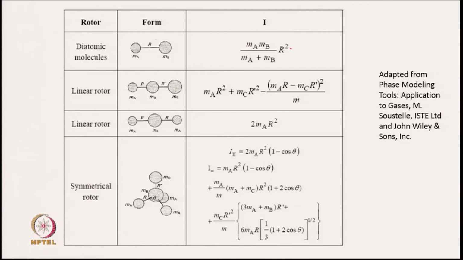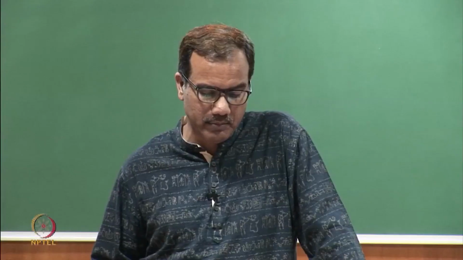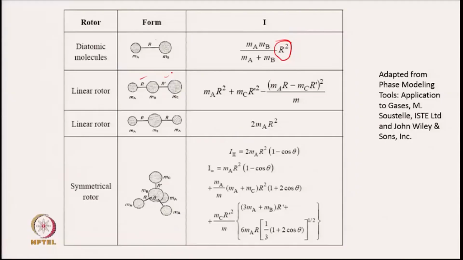For a diatomic molecule, you can see this is only a function of R, but for a linear molecule which has two different distances, R and R dash, so the distance between atoms A and B is R and between atoms B and C is R dash, the moment of inertia can be written like this: ma r square plus mc r square plus this whole term. Now you can see that apart from mass, this moment of inertia is a function of r and r dash. So from one simple rotational constant you cannot calculate your bond length.